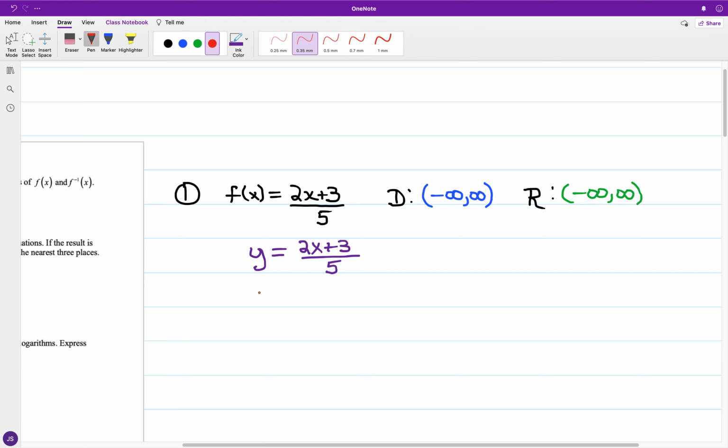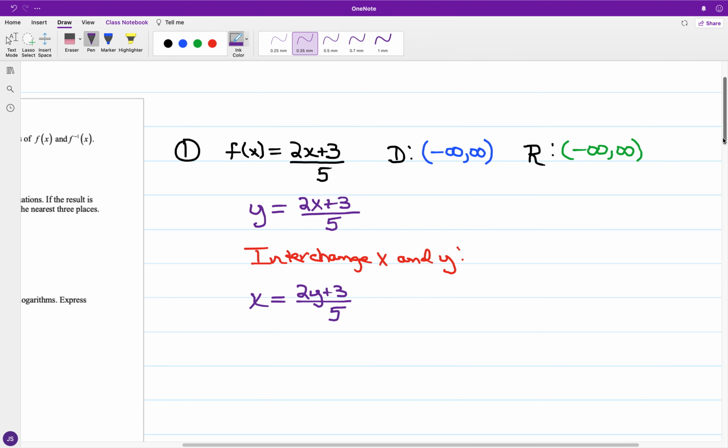And looking for the inverse, if I interchange x and y, we're going to have x is equal to (2y plus 3) all over 5.